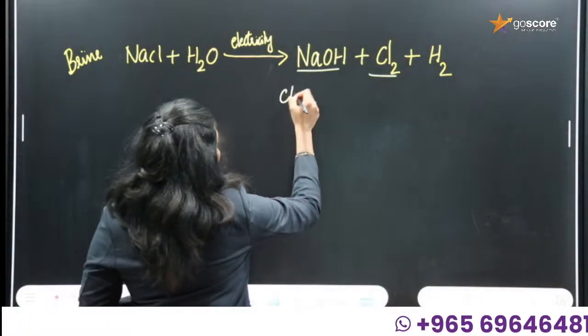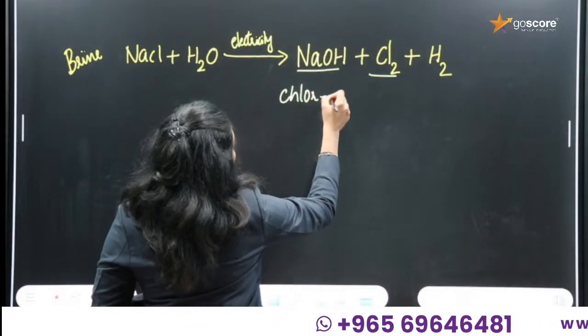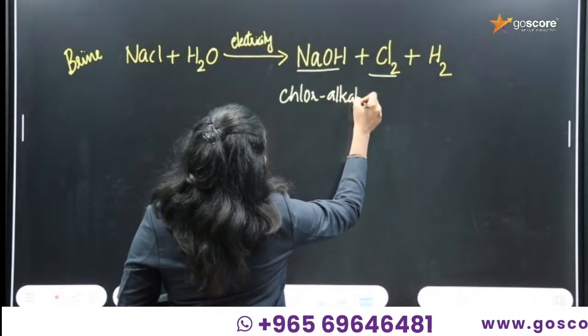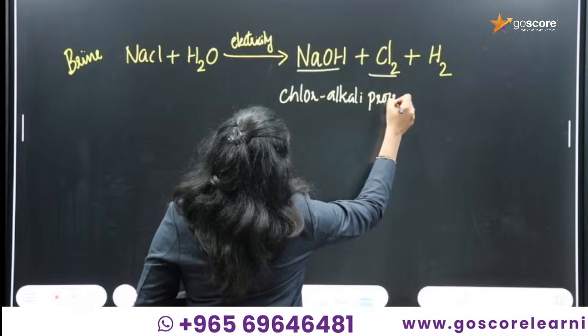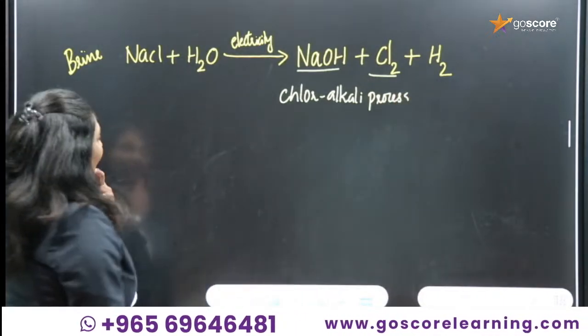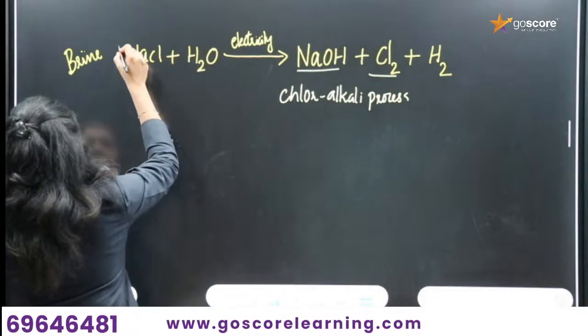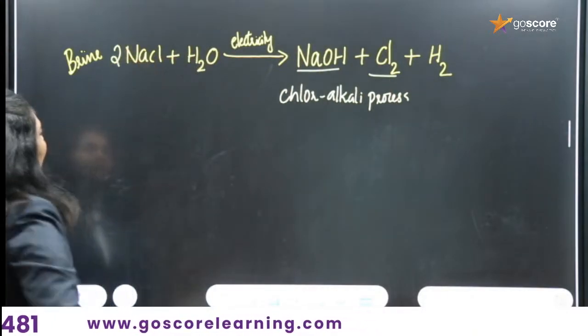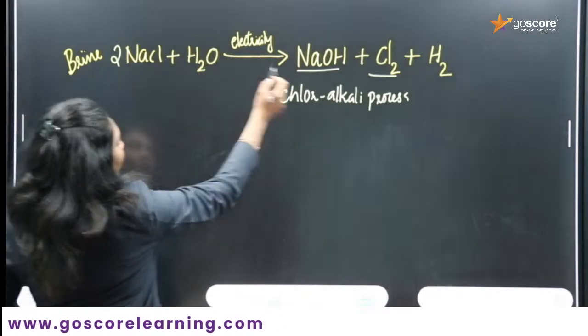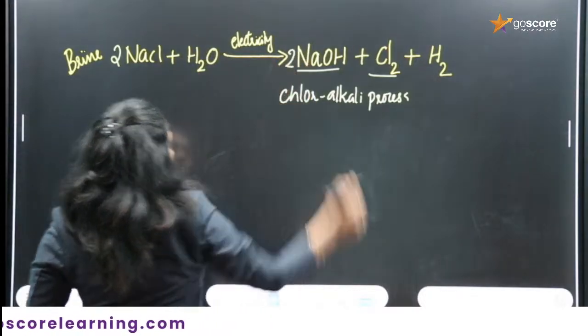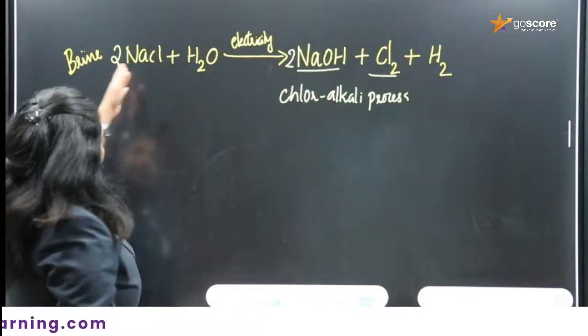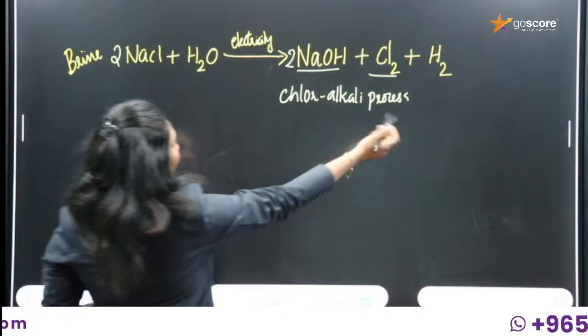That's why this reaction is known as chloralkali process. And when you balance the reaction, here we have only one chlorine, here 2 chlorine is there, so put a coefficient 2 here. And now we have 2 sodium, here only 1 sodium, now put a 2 here. And now check how many hydrogen on the right hand side.